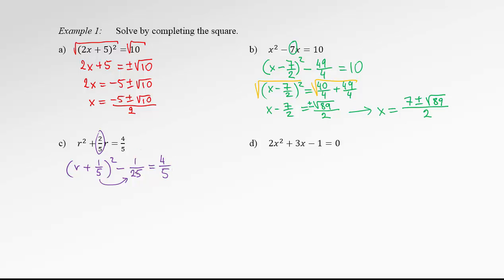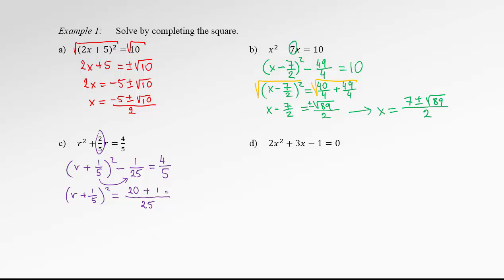Next step, let's bring the free number to the right. So r plus 1/5 square equals, and let's bring the 4/5 to the denominator 25. So 4/5 is how many 25th? 4 times 5, 20. And then it's plus 1 from that side, right?